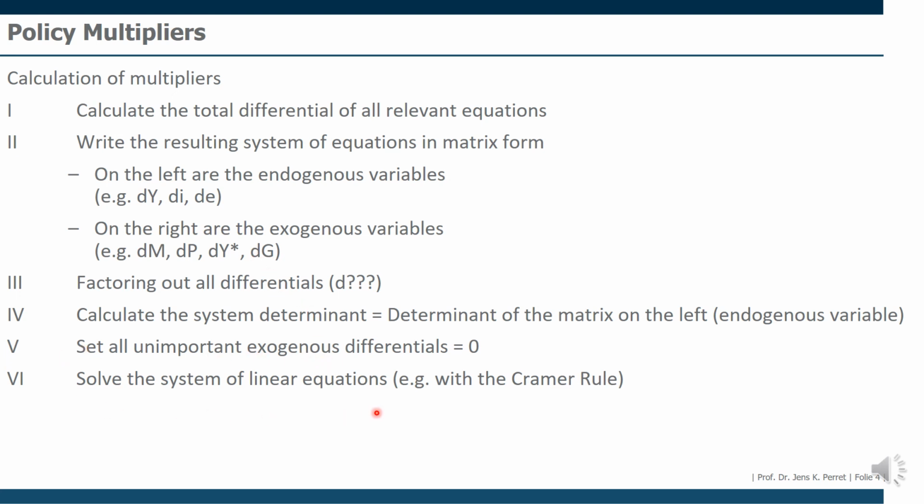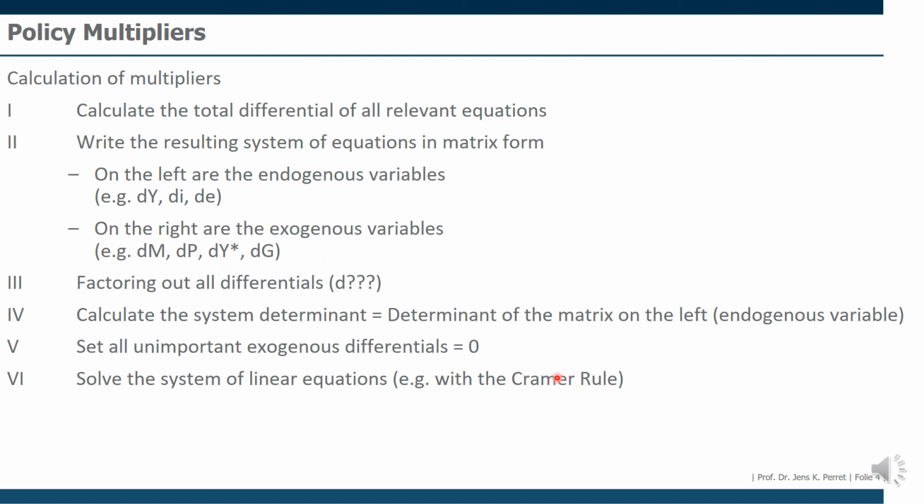At this point, we have a classical system of linear equations, which we can solve in different fashions, for example with the Gauss algorithm, or even though it's not as mathematically sound or efficient, a good idea, especially if you're only interested in one or two of the parameters, is, for example, the Cramer rule.